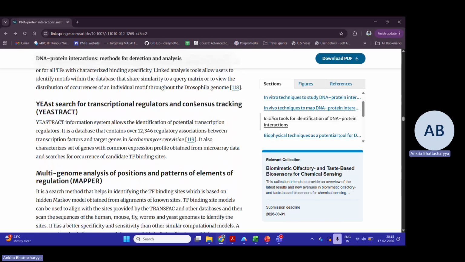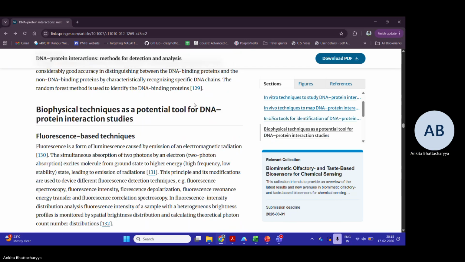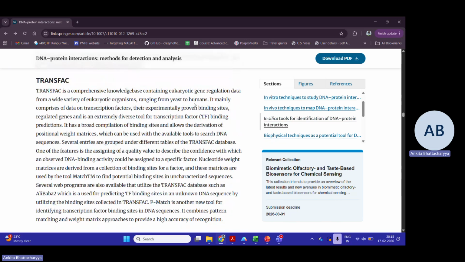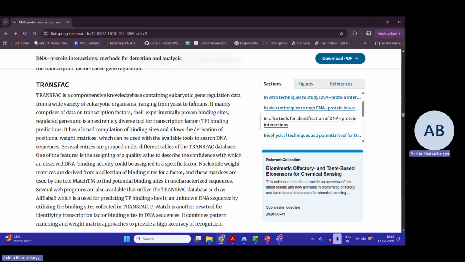I'm not sure JASPAR was here, but no, it's not there. But TRANSFAC is a knowledge base which is utilized by JASPAR, which contains the eukaryotic gene regulation data from a number of different eukaryotic organisms like yeast to humans. It has data from transcription factors, their experimentally proven binding sites, regulated genes, and gives a good prediction tool for the same.